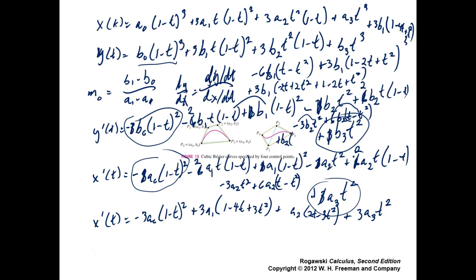Okay. Now, if you factor out, okay, let's expand that. That's a minus 3a2t squared plus 6a2t minus 6a2t squared.